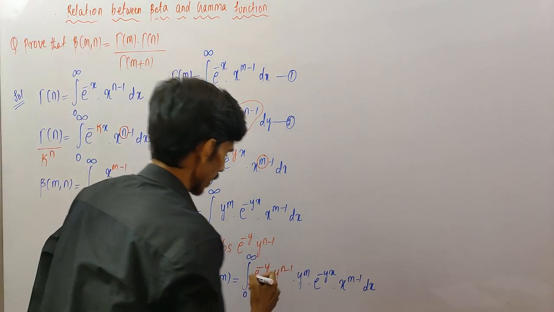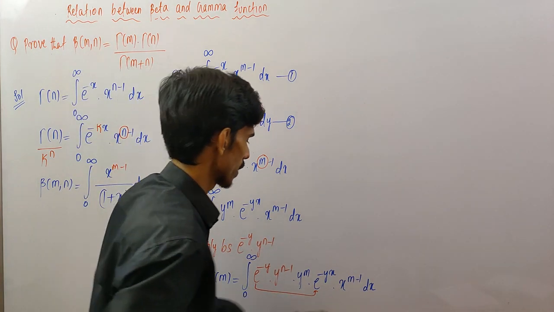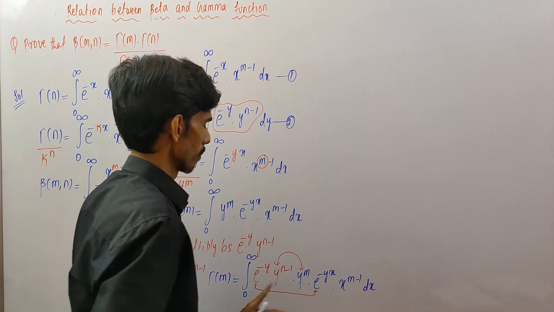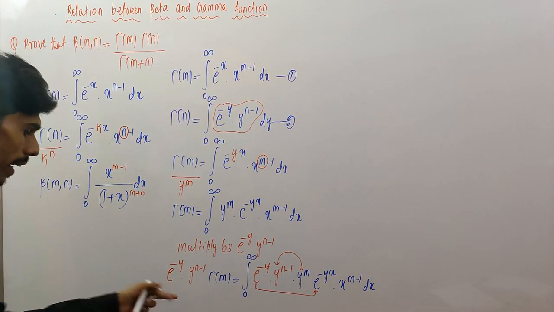Now here I have e power of minus y, e power of minus yx, y power of n minus 1, y power of m. For these two terms, bases are same. Now write down this term.